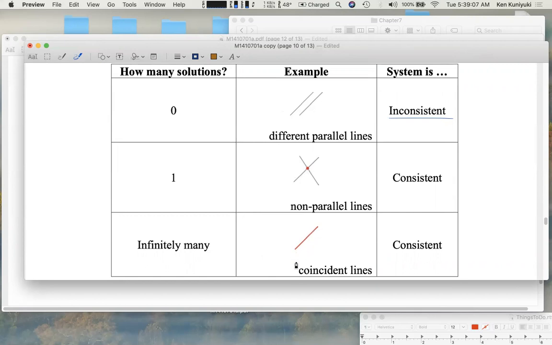Same stupid line. So if you're dealing with the plane, there is no way that two straight lines can intersect in exactly 2 points or exactly 3 points. That cannot happen. They have to intersect in either no points, 1 point, or infinitely many points.